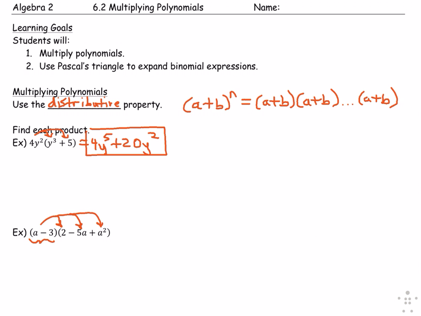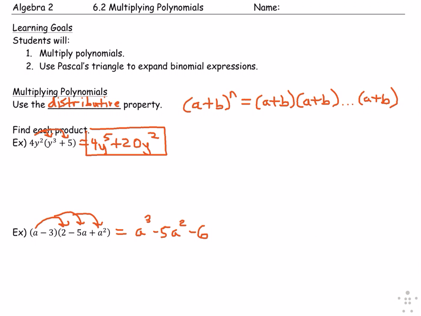So technically I should take a minus 3 and multiply it by 2 and then each of these terms separately. But to kind of skip a step, I will just take the a singularly and distribute it across to get the following. So check that out, noting that I already started to write it in standard form for a polynomial, which means that the powers are in descending order.